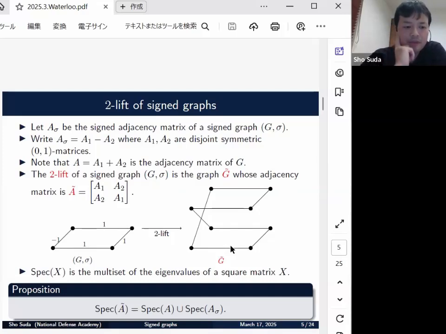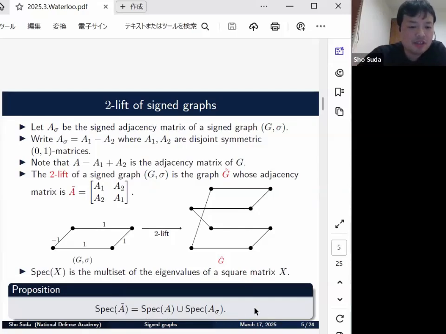And we can easily prove this proposition using this matrix form. This proposition claims that the set of the eigenvalues of the resulting graph's adjacency matrix is equal to just the union of the eigenvalues of the adjacency matrix and the eigenvalues of the signed adjacency matrix.